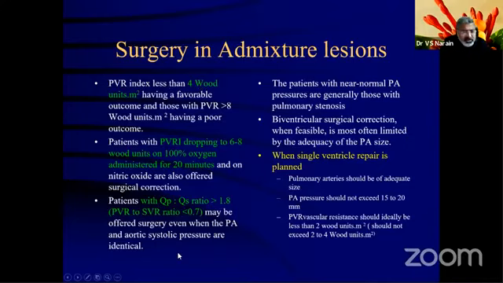So these are some of the points which are universal. Any increase in pulmonary vascular resistance of more than 8 perhaps should not be taken up. Less than 4, good, results are favorable. Between 4 and 8, give it a trial of oxygen or nitric oxide and see whether it falls or not.